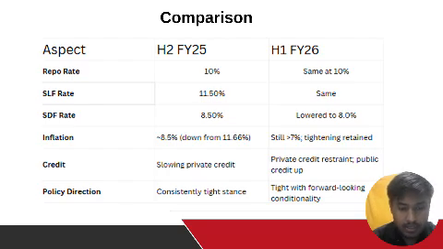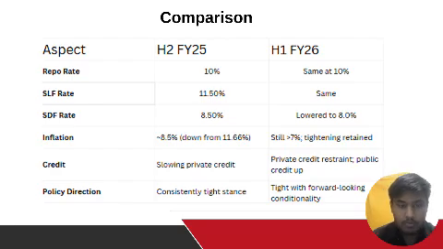In credit, private credit was slow in the previous year, and in the current year we can see private credit restraint. For policy direction, the previous year was consistent, and this year it is tied to forward-looking conditionality.